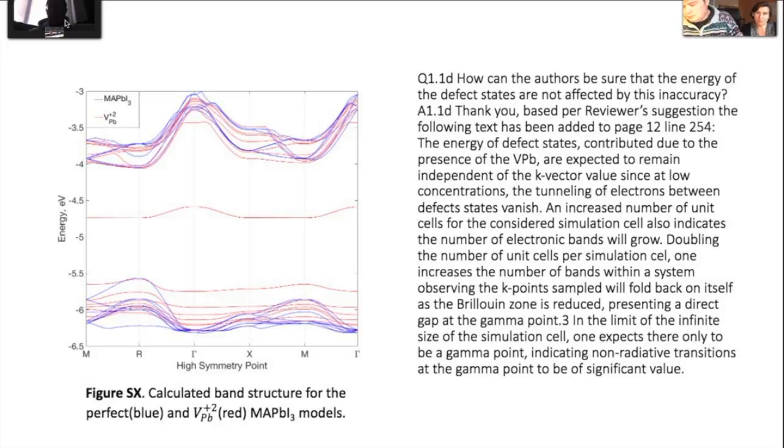One of the other interesting things from this plot is that all of our non-radiative calculations are done at the gamma point of the system. You can see within this 3x3x3 supercell structure, the R point is the direct band gap, which is what it should be within the material.